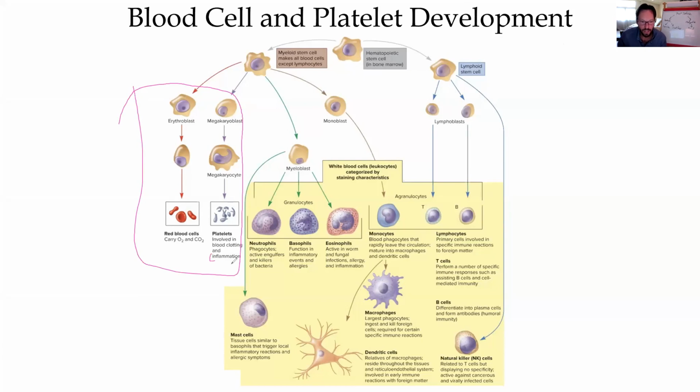Platelets, you could say, are involved in inflammation, so it has a small role. Maybe we'll call that second. But red blood cells are not immune cells at all. All of these, don't go to the monoblast here. All of these are what? First, second, or third?